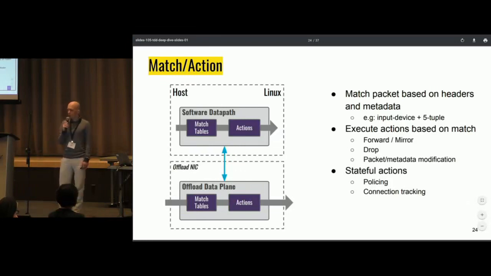If we do find a match, then the match will supply some kind of action that should be executed, or even a list of actions. This could be to forward to a different port, it could be to drop, or it could be to move on to another table, if you have multiple tables present. It could be to do some kind of modification of the packet. We can also do more stateful things, like policing, which I'll get to a little bit later, or connection tracking.